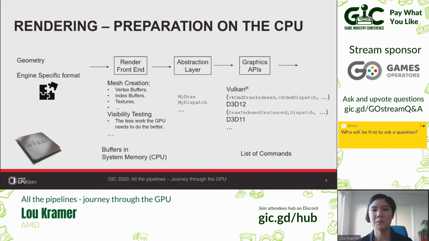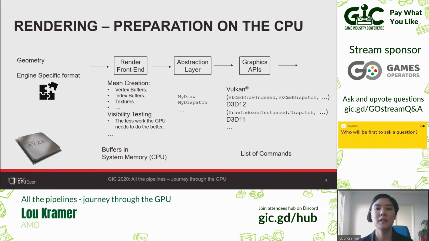This is already an optimization step, because usually a vertex is shared by several triangles. And one way is to just copy and duplicate this vertex several times with all its attributes. But what you can also do is have an index associated with each unique vertex and then just duplicate the index.